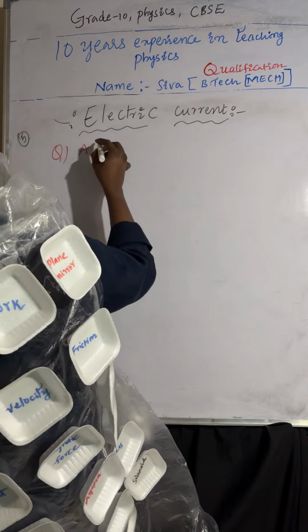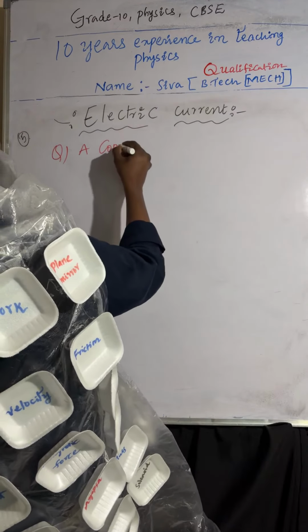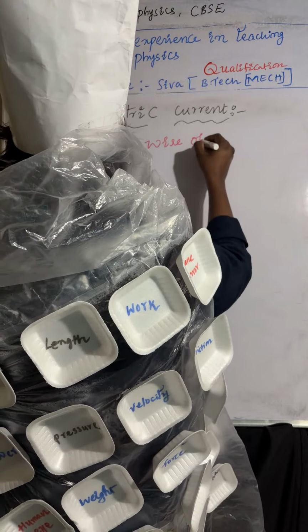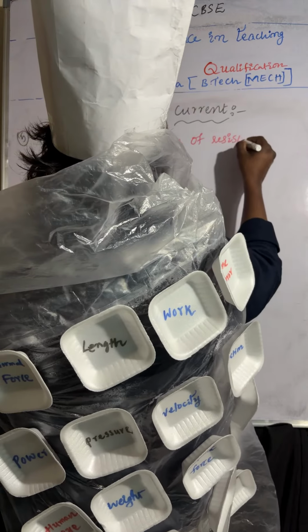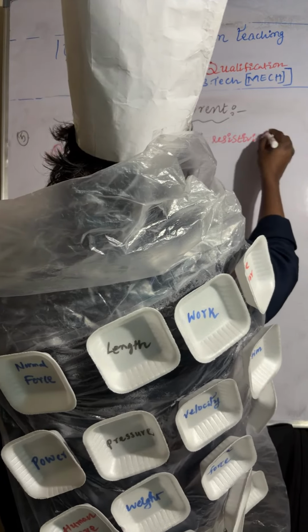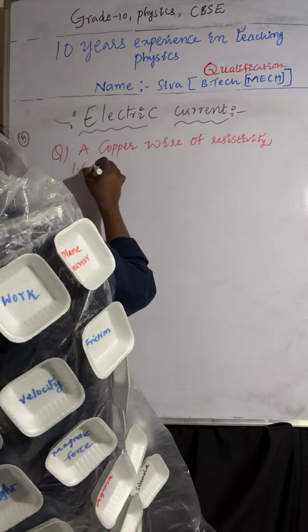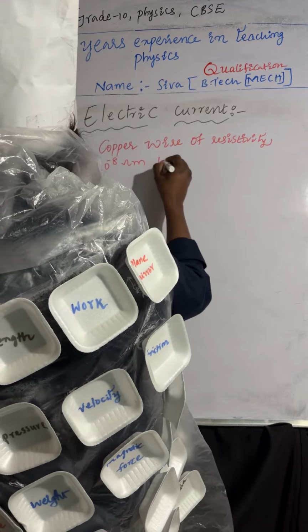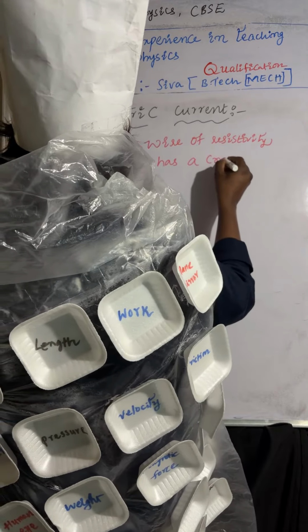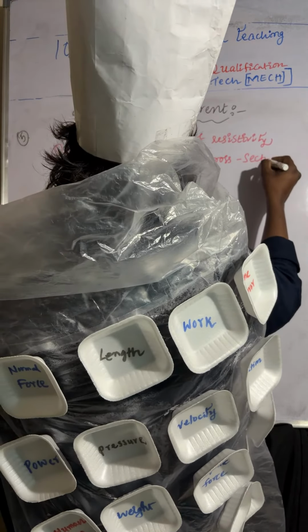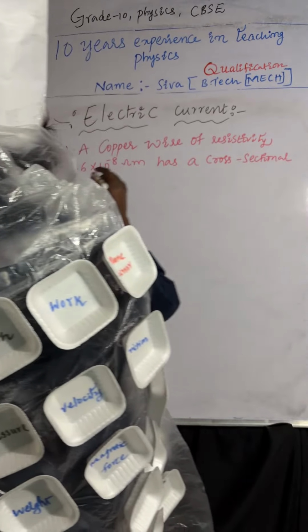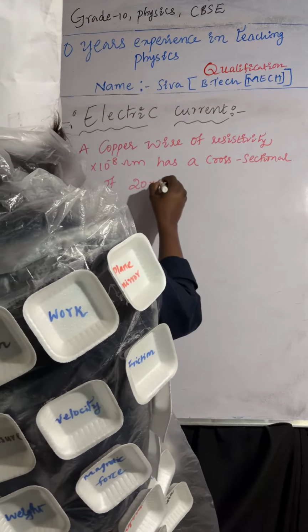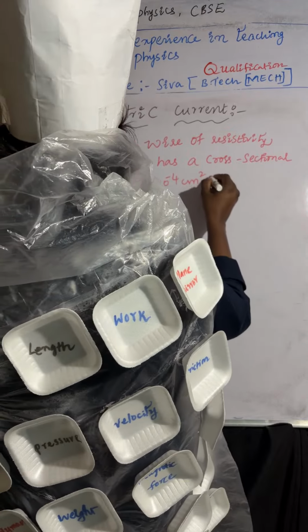A copper wire of resistivity, with cross-sectional area of 20 into 10 power minus 4 centimeter square.